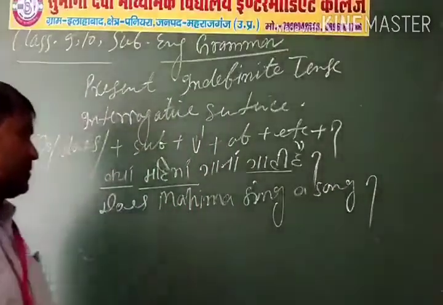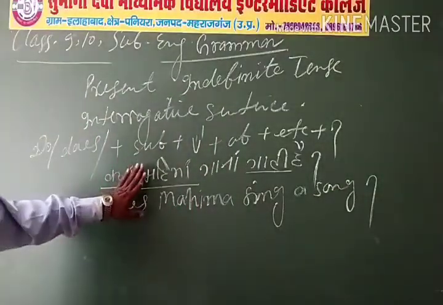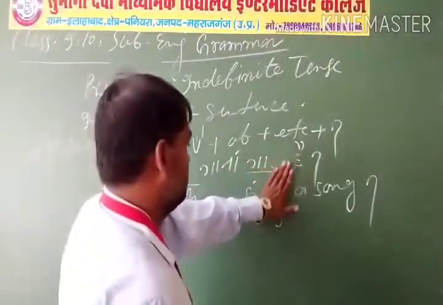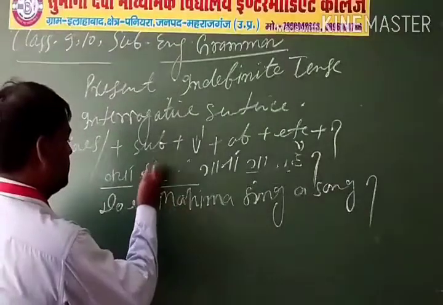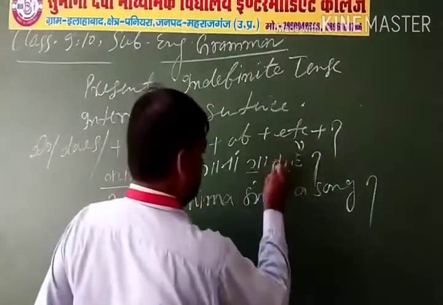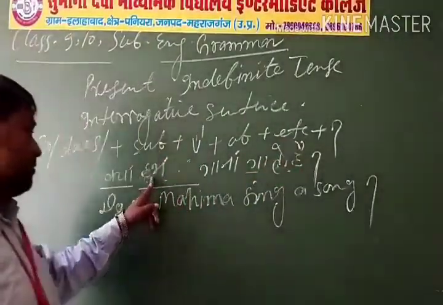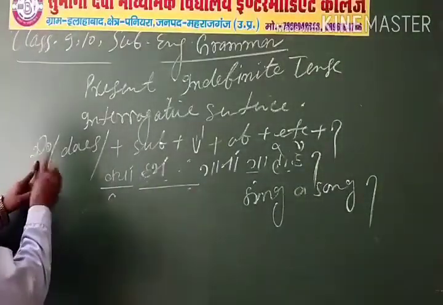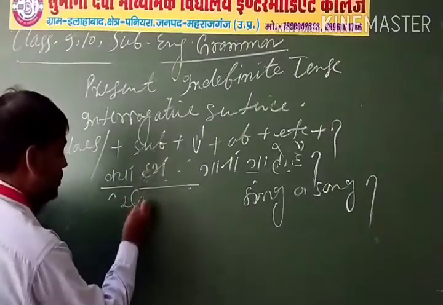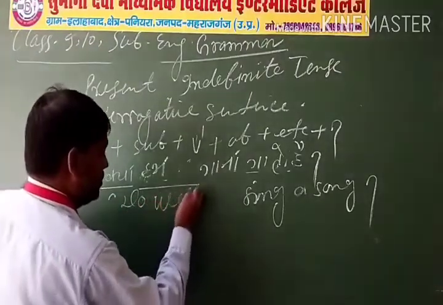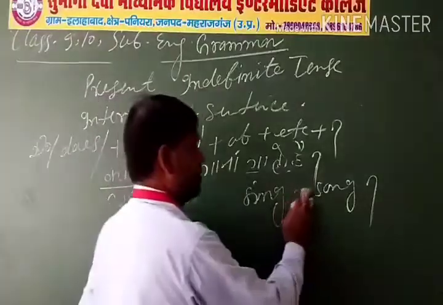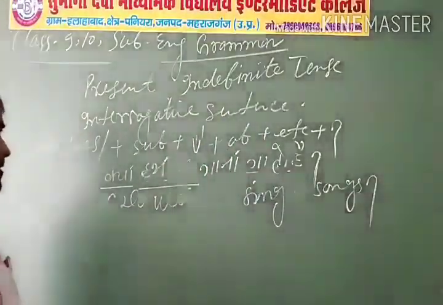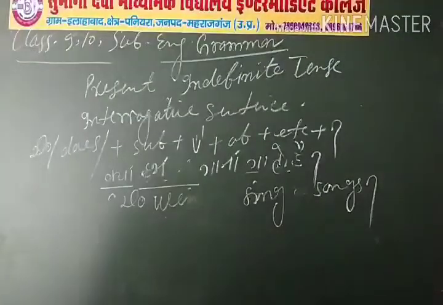And suppose that if a subject is plural, here the subject is plural, then we have to join the auxiliary verb do. Do we sing songs? And after that the interrogative negative.